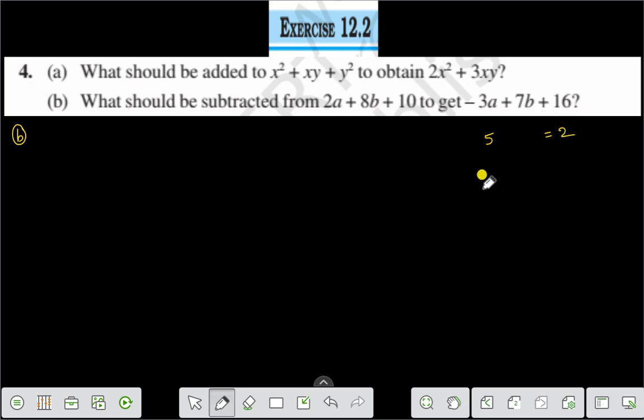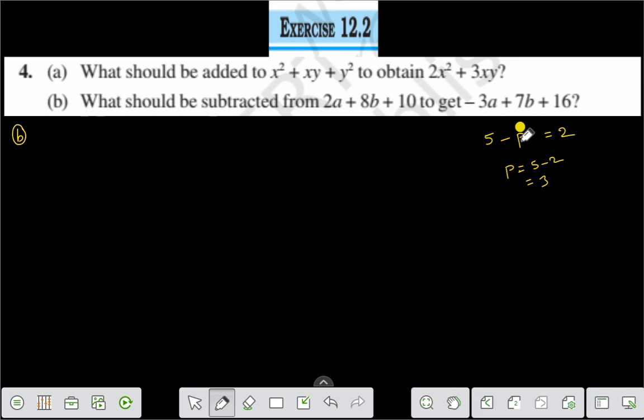Right? Then p should be subtracted from 5 to get 2. Or you can say that p is equal to 5 minus 2, that comes to 3. It is right. Here see, 5 minus 3 is 2. In this way you can find, right?